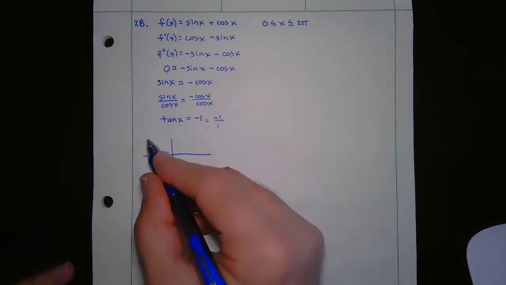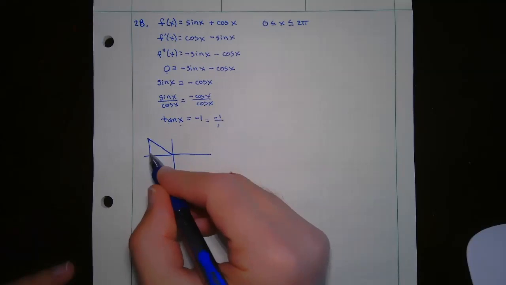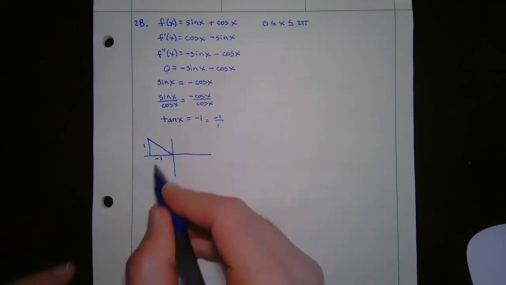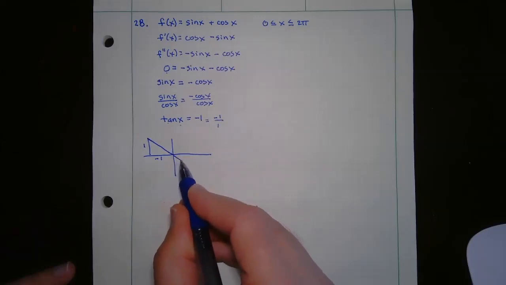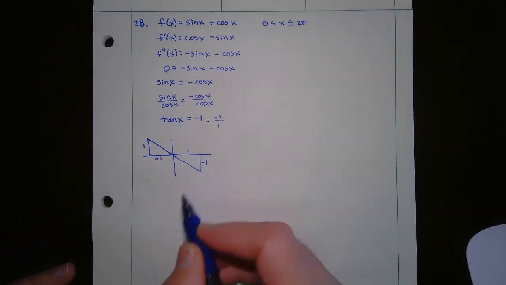So that's going to happen here in the second quadrant, because right here my y would be 1 and my x would be negative 1. But then down here in the fourth quadrant, my x would be 1, but my y would be negative 1, right?